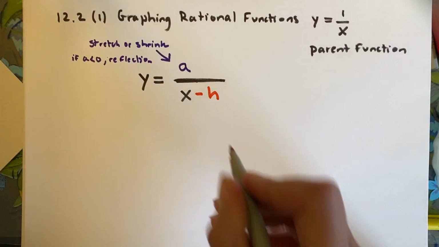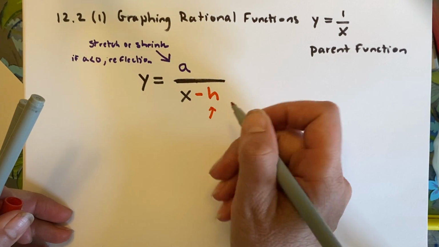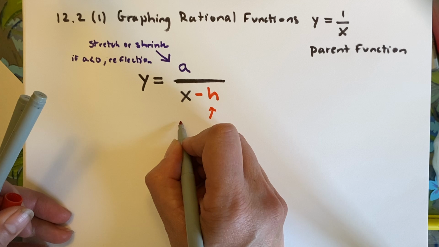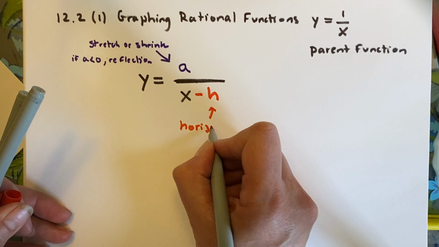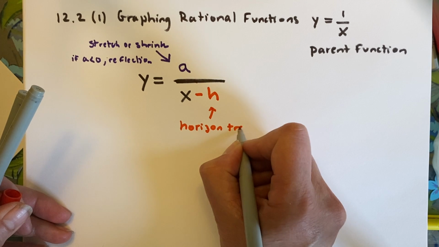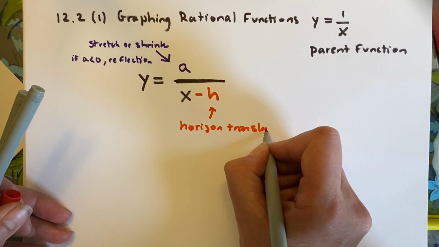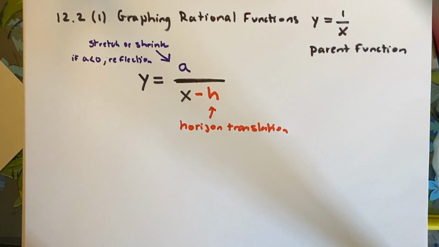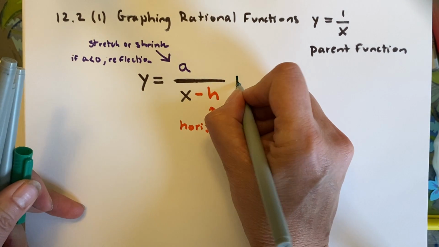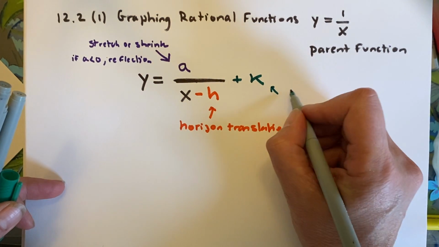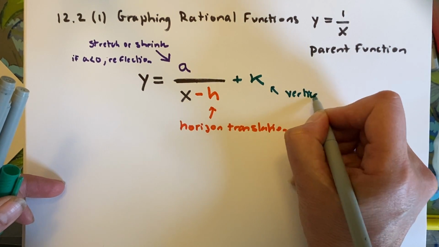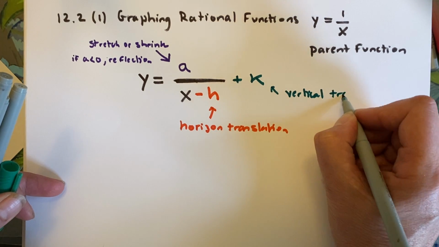And this one had the same role that it had in square root and quadratic, etc. And this accomplishes horizontal translation. In other words, it moves this whole function, this whole hyperbola, side to side. And then if I add a k, this is what's going to give my vertical translation. In other words, it's going to move it up and down.